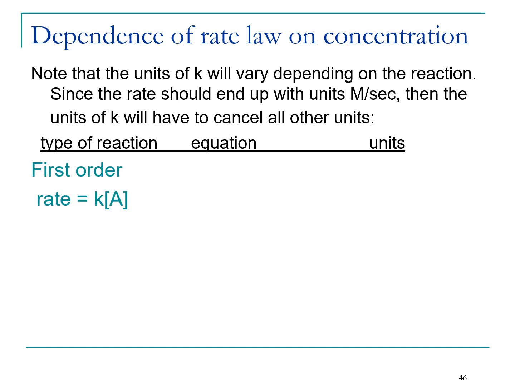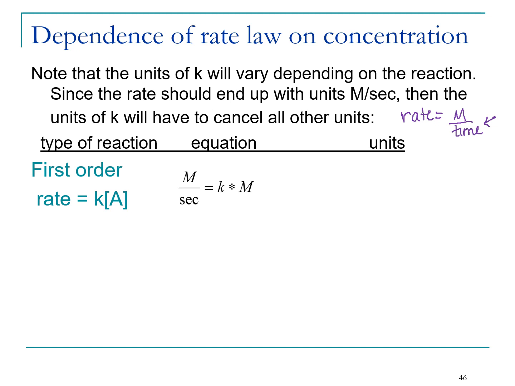So if rate is first order, rate equals K times A. Here's the important thing, is that rate should always be in molar per time, seconds, or if it happens to be hours, whatever the time unit. So rate should always have this unit, molar per time. And so the K has to be such that everything else cancels out.